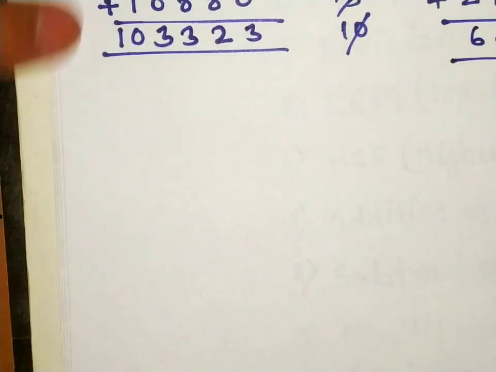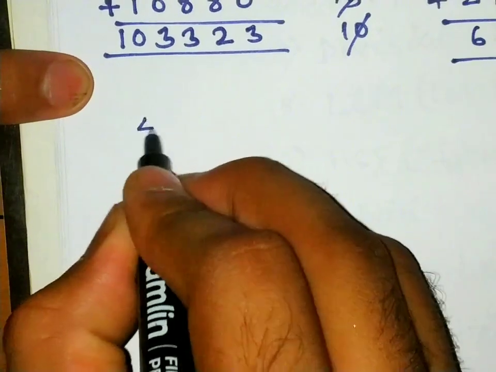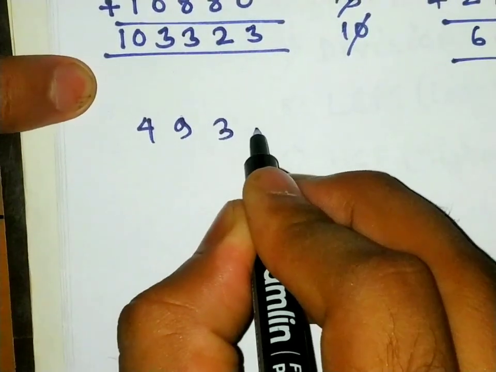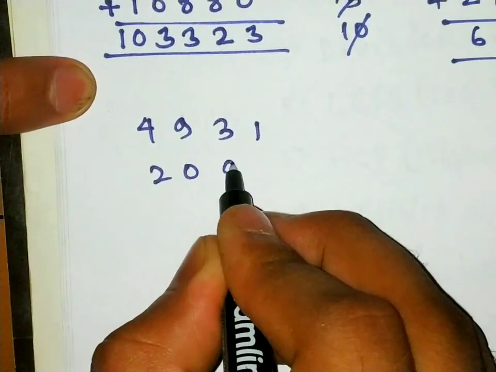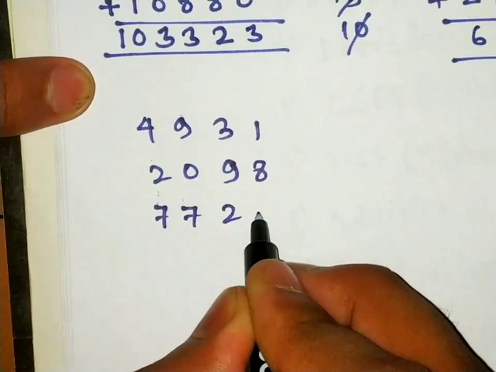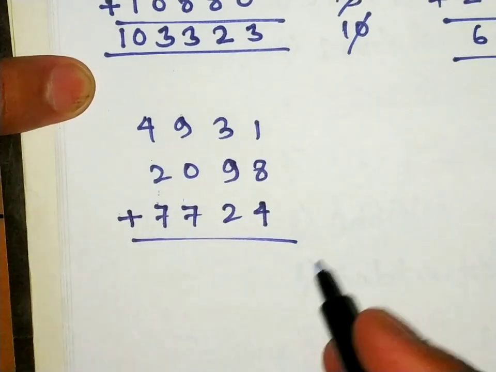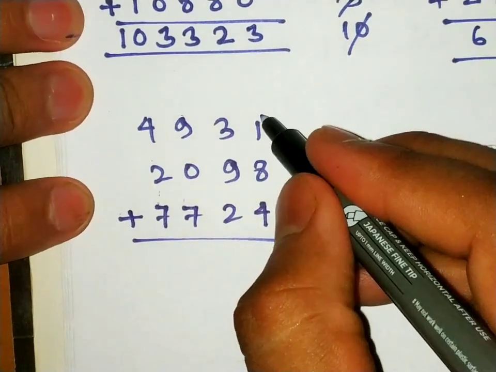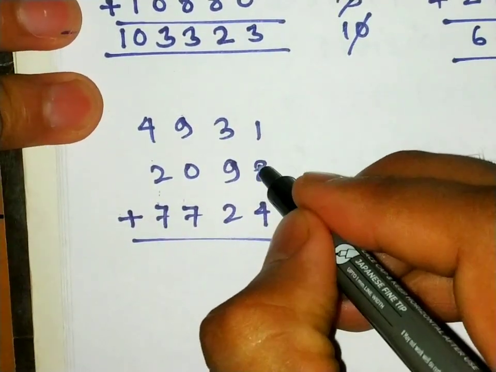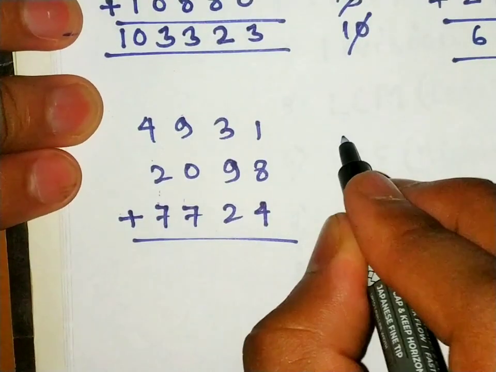let's take some complex example like 493120987724. Simply add. How will it add? 1 plus 8 will be 9. 9 plus 4 will be 13.